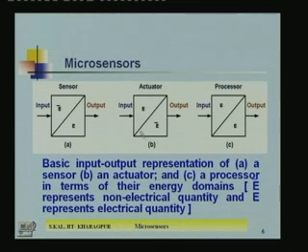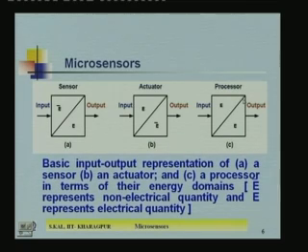Non-electrical means it may be mechanical energy, it may be acoustical energy, it may be optical energy, it may be magnetic energy. But input is electrical, that is the actuator block, and the other one, C here, is the processor block. And there you can see the input is also electrical and output is also electrical.